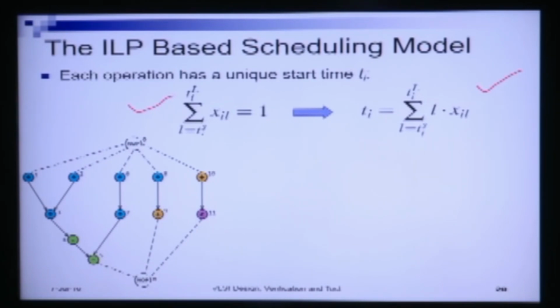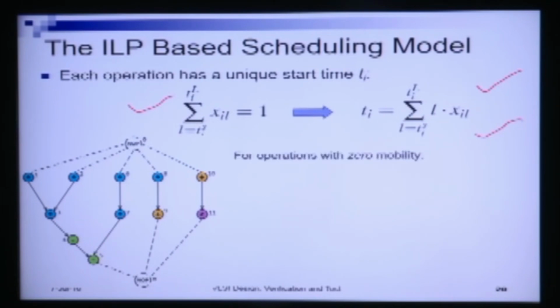It is possible to schedule it in, say, time step 1, 2 or 3, and in a given solution my ILP has found that it should be scheduled in time step 3. So, x_i3, for the ith operation, will be equal to 1. So, T_i will have the value 3. This therefore correctly models the start time of a given operation.